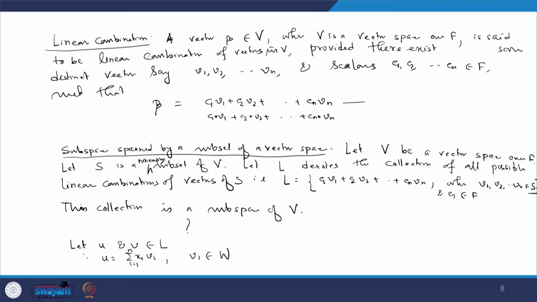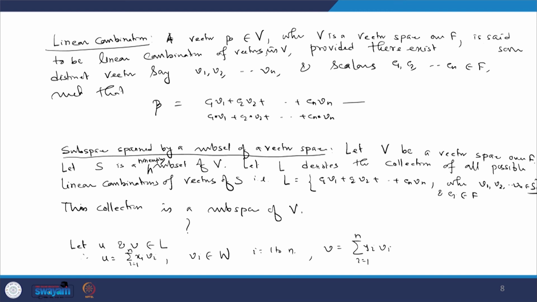So, I am saying that u is basically a linear combination of some elements of S. So, I can write u like this, and v will also have a similar expression: sigma y_i v_i, i equal to 1 to some index. Okay.